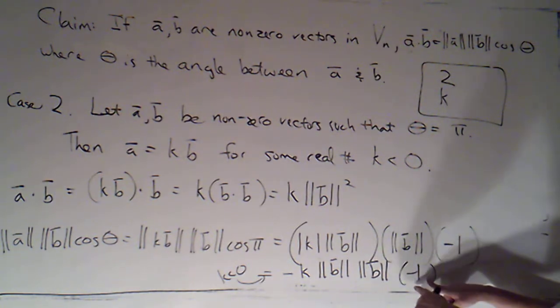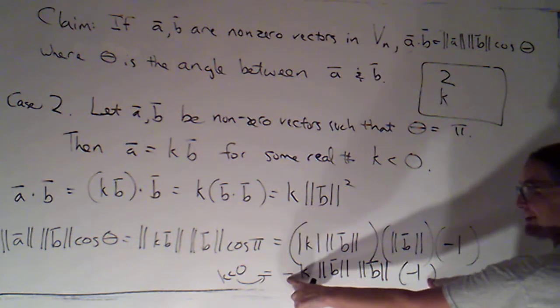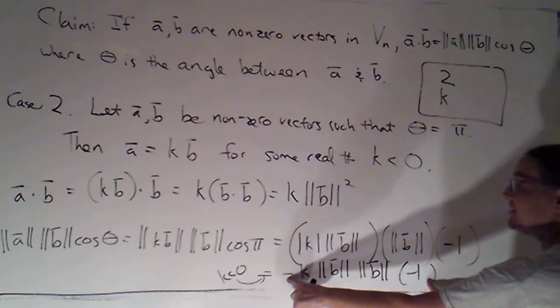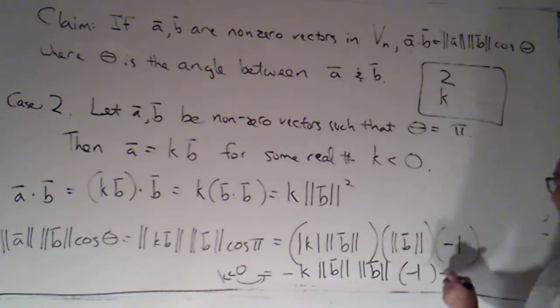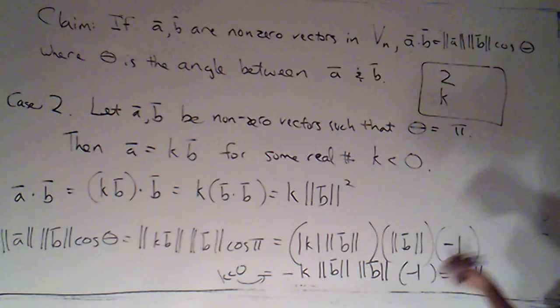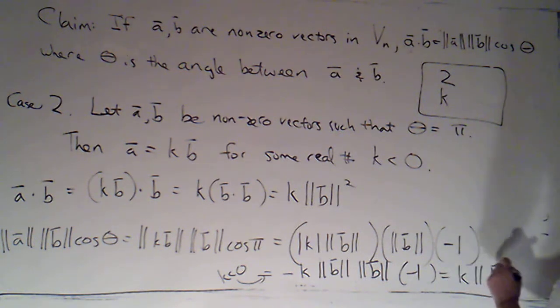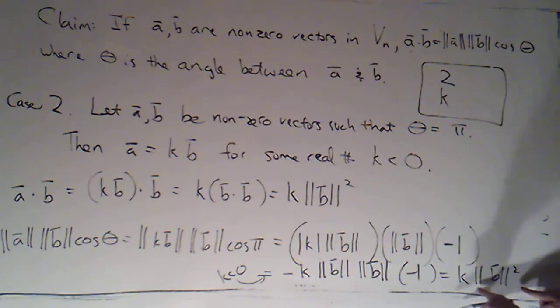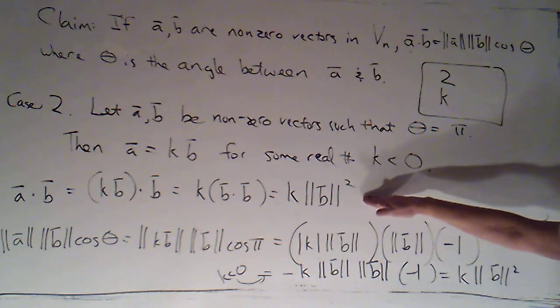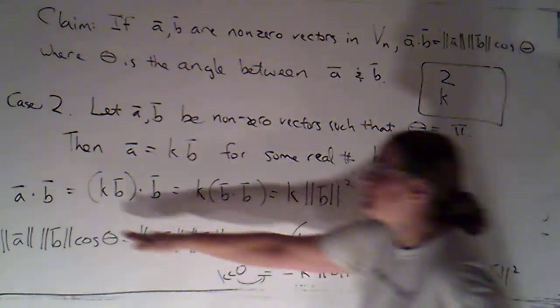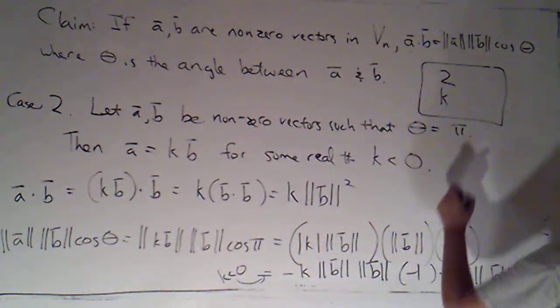Well, this factor of -1 and this factor of -1 will cancel each other out, and so we'll be left with K, which happens to be a negative number, times the magnitude of B squared. Okay. And just like last time, that's exactly what we got when we simplified the left-hand side of our formula.